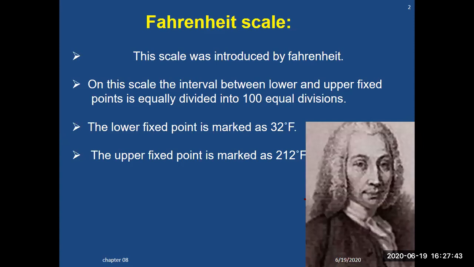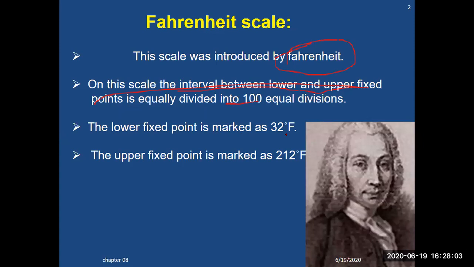Now Fahrenheit. The Fahrenheit scale was introduced by a scientist named Fahrenheit. On this scale, the interval between the lower and upper fixed points is equally divided into 100 equal divisions.